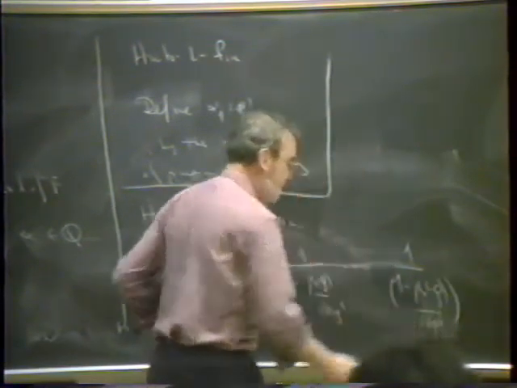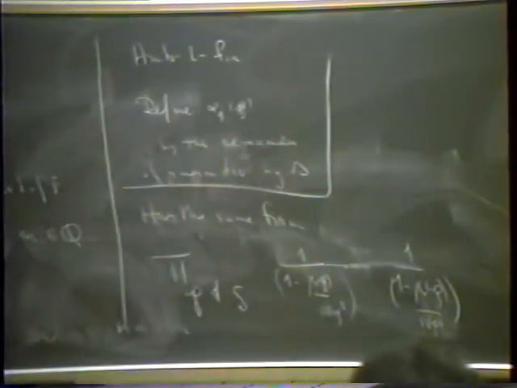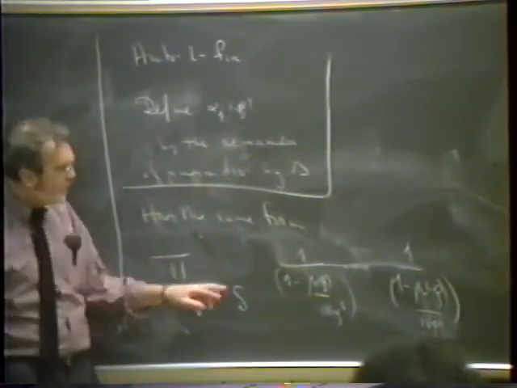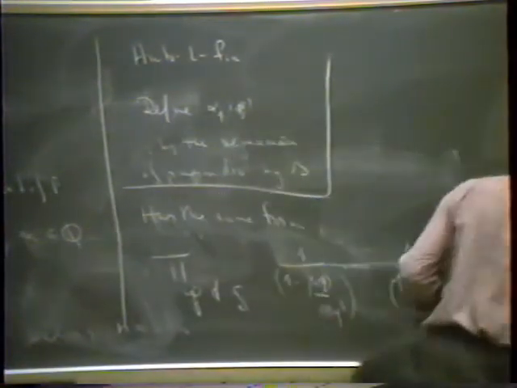So once again, it's defined by the same kind of product. For each prime, I have to give n numbers. And the question is, how do I determine those n numbers?